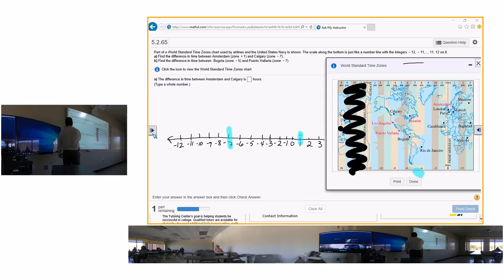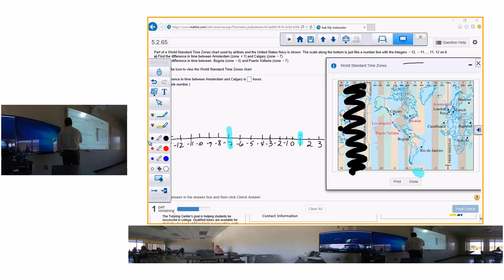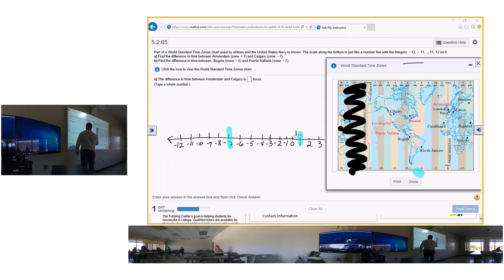This is the important part. What is the distance between 0 and 1? That's not rhetorical. I'm asking you all to interact. 1. Thank you. And what is the distance between 0 and negative 7? 7. So what is the distance between the two? 8.